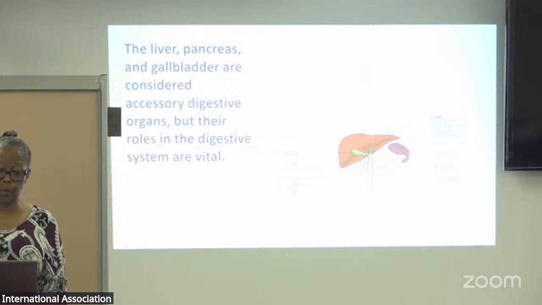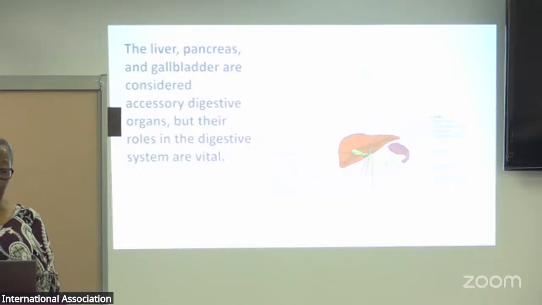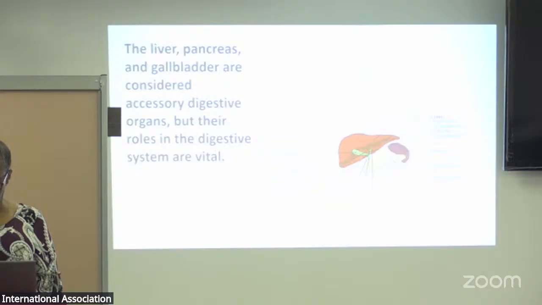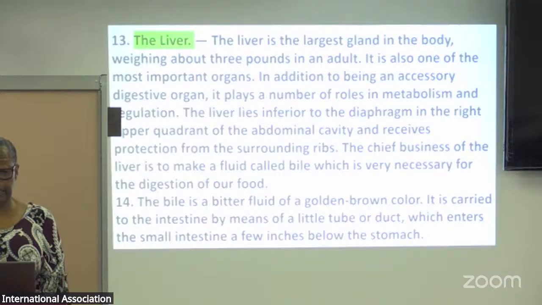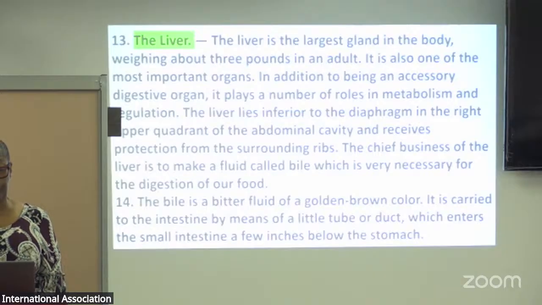And of course, the liver, the pancreas, and the gallbladder are considered accessory digestive organs, but their roles in the digestive system are vital. The liver. The liver is the largest gland in the body, weighing about 3 pounds in an adult. It is also one of the most important organs.